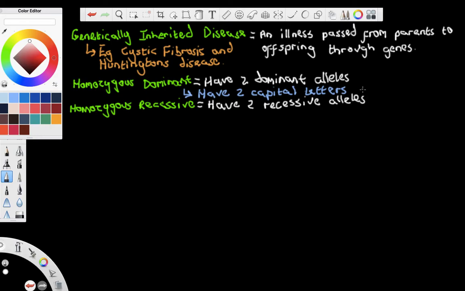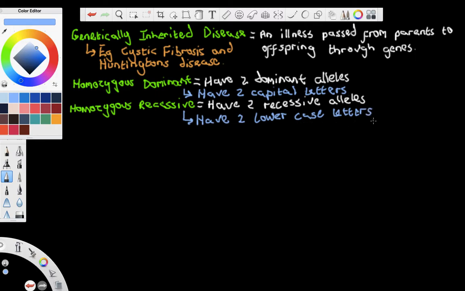If someone is heterozygous, they have one capital and one lowercase. But before we move on, someone who is homozygous recessive will have two lowercase letters. Okay?